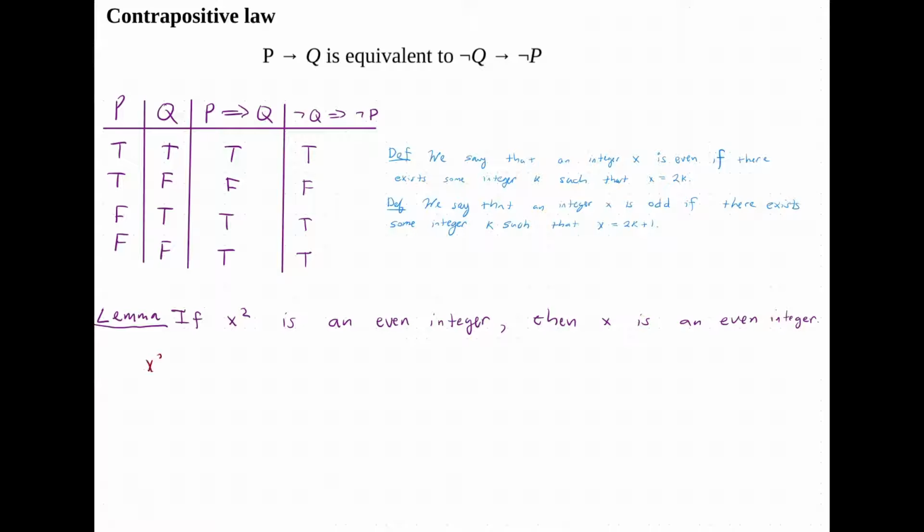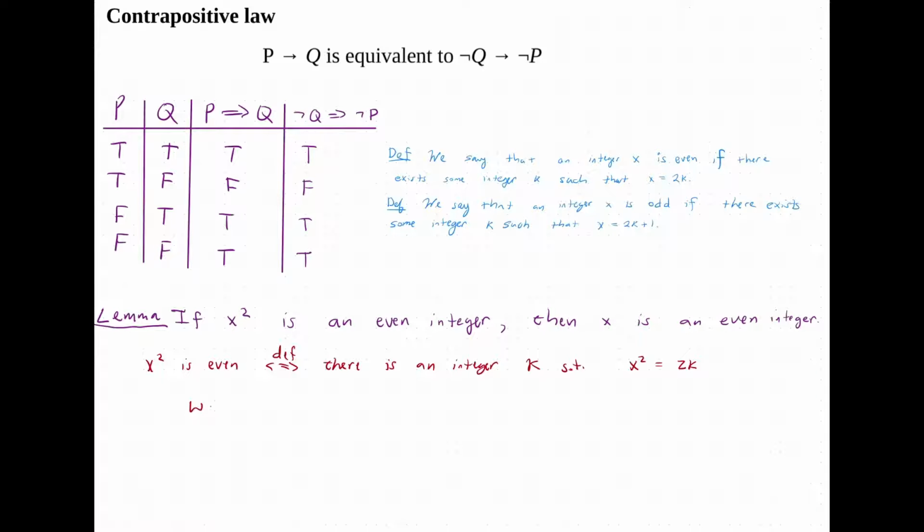So x squared is even, by the definition, that means that there is some integer k such that x squared is equal to 2 times k. But now, here we are in trouble going forward because, okay, we have that 2 times k, but we want to show that x is an even integer.